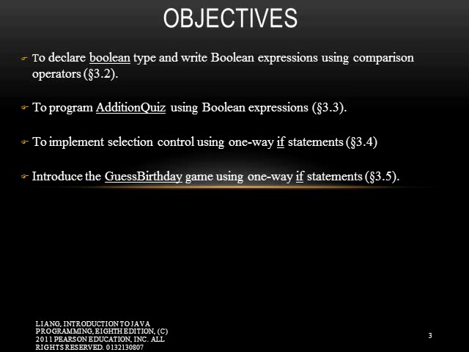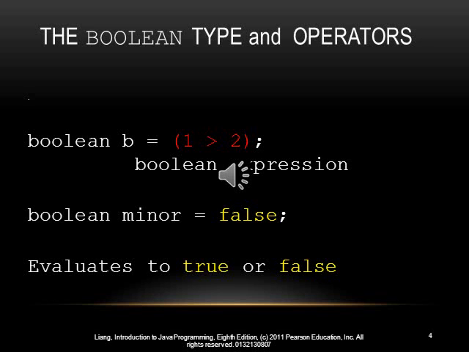And then we'll introduce a program called the Guess Birthday Game. In Appendix A, you should find true and false as reserved words.